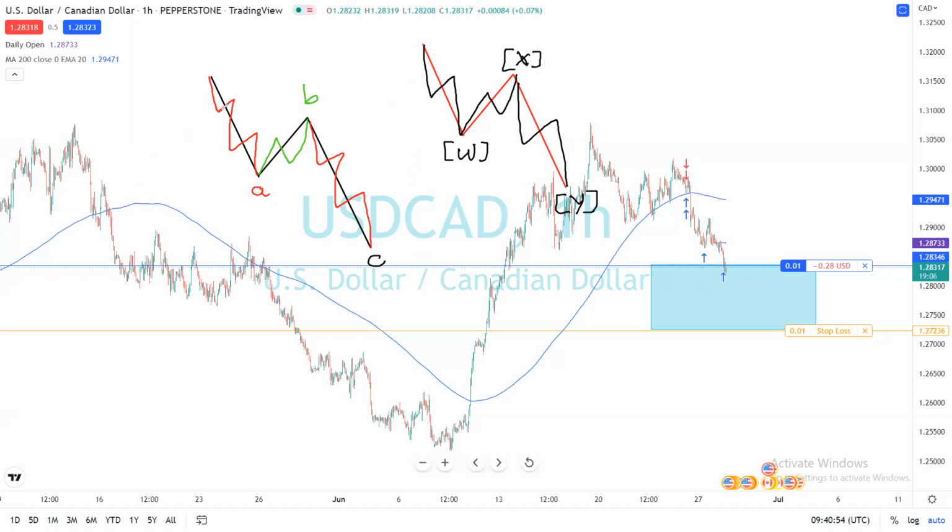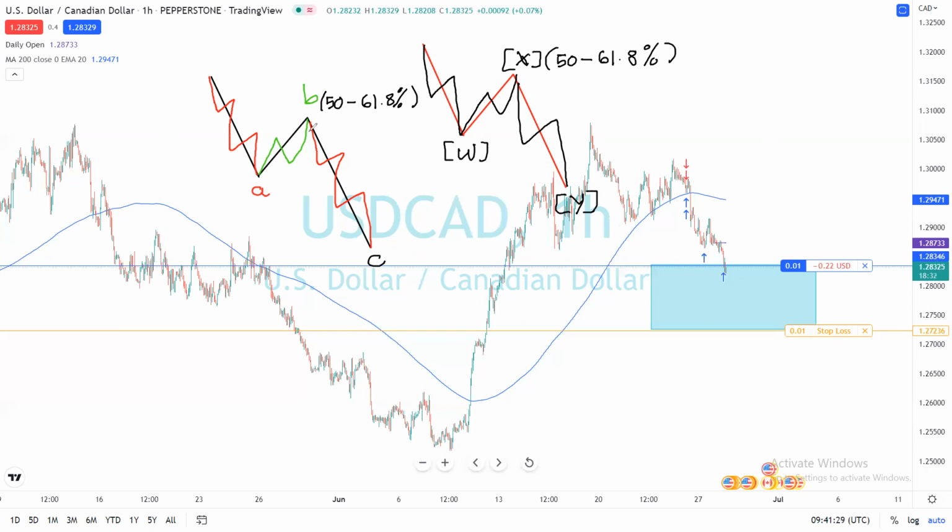But after we've had our wave A, we know that typically wave B will terminate at 50 to 61.8% of wave A. That's wave B. The same with your wave X. It also retraces typically 50 to 61.8% of wave W, right?